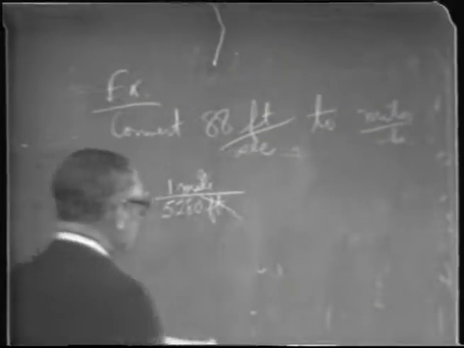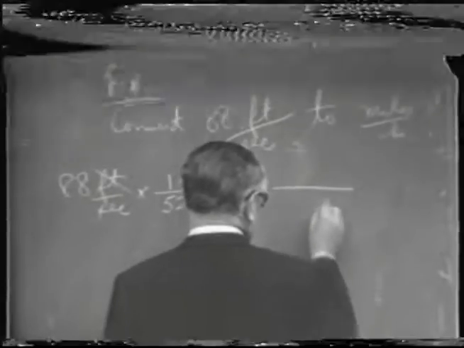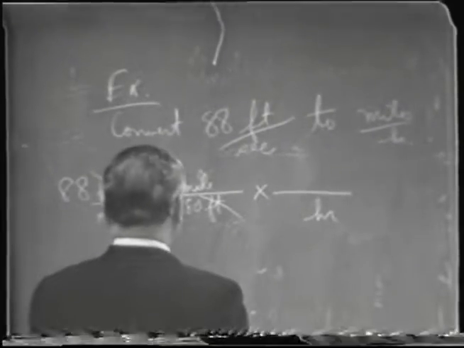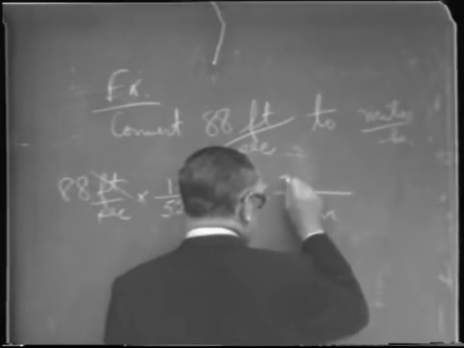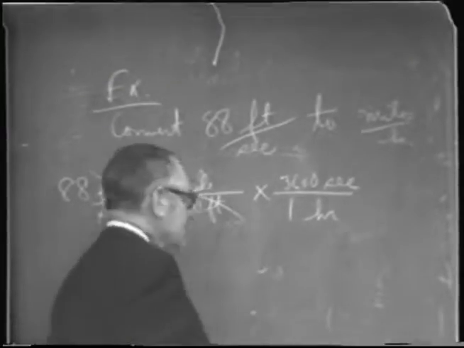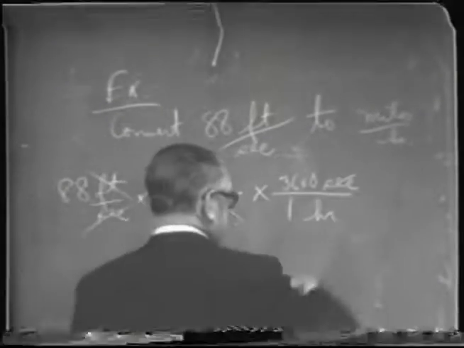But we want miles per hour, so now we have to multiply by some factor which has hours in the bottom, in the denominator. And so how many seconds in an hour? Well, 60 times 60, of course, is 3,600 seconds for 1 hour. And now the seconds are going to cancel.